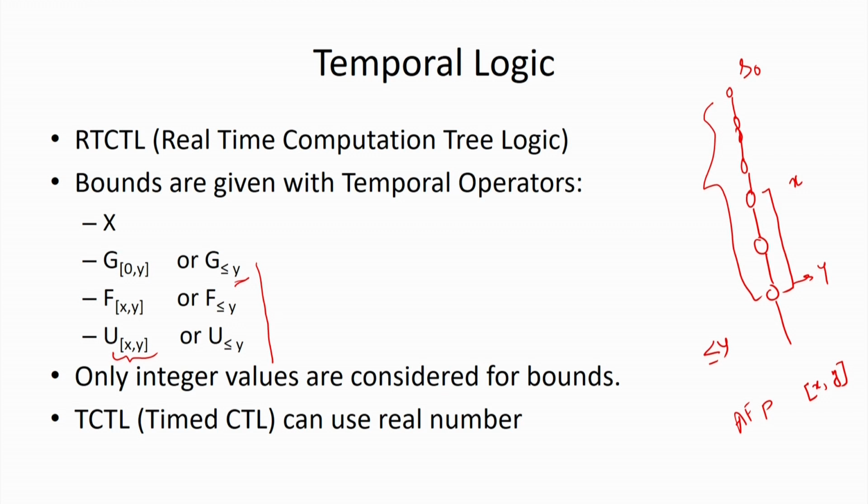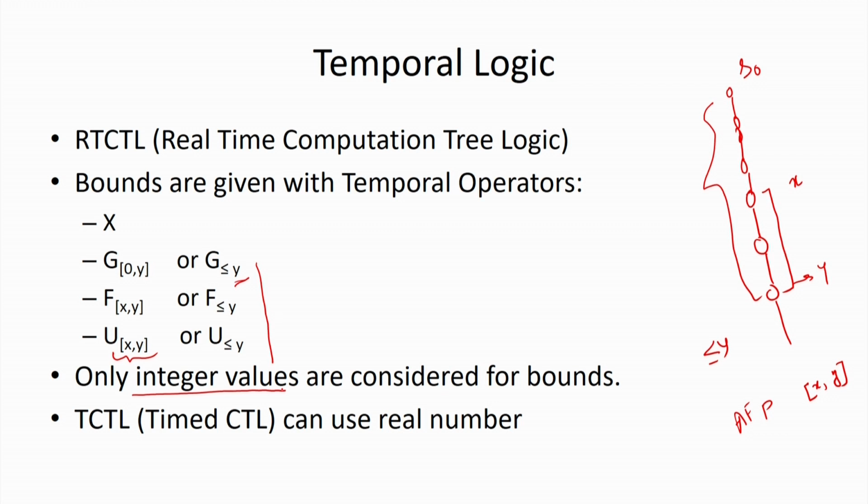Such reasoning can also be done if we use those particular bounds or use the RTCTL. Now, what is the basic restriction or limitation of this RTCTL? Here the bounds basically take integer values only.